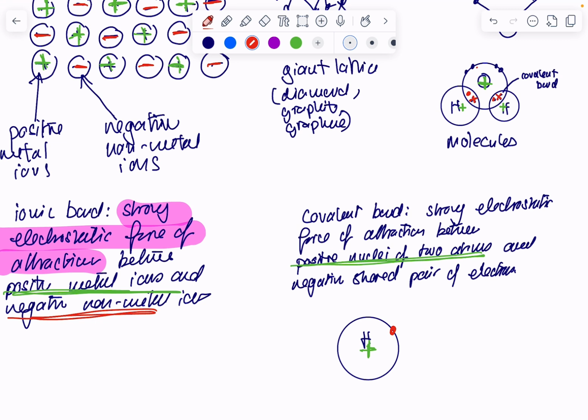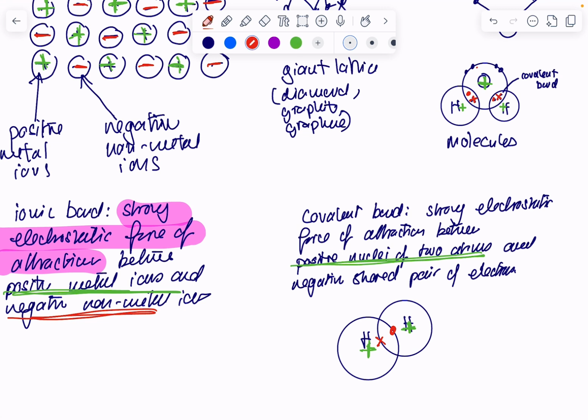So we have to say in our definition that this covalent bond comes from, let's do it for another hydrogen atom here, if we're making a hydrogen-hydrogen bond, it's both nuclei that are attracted to those electrons, and that is why it is a covalent bond.